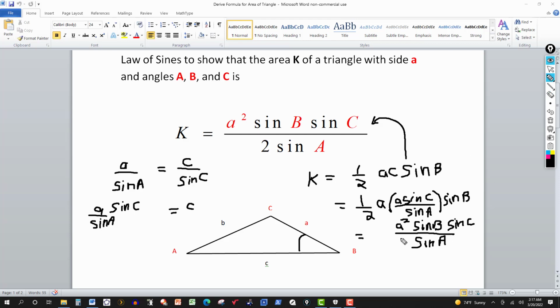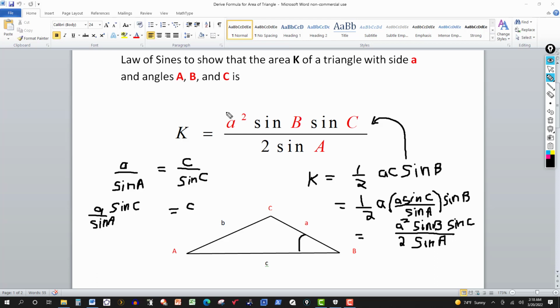I can put the 2 down here. So basically what this formula tells you, if you're given a side, it can be any side, and all 3 angles. Obviously if you're given 2, you know the third one. Okay, so let's just say if you're given a side and all 3 angles of a triangle, the area will be given by A squared times sine of B times sine of C over 2 times the sine of A.